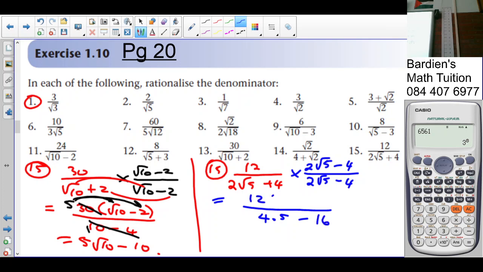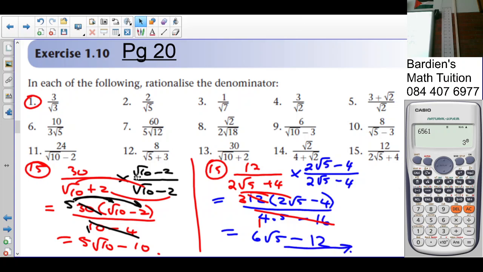So it will be 12 into 2 root 5 minus 4. What is 4 times 5? 20. 20 minus 16? 4. 4 goes into 4 once, 4 goes into 12 3 times. So we multiply this now. That will be 3 times 2 root 5, which is 6 root 5, minus 3 times 4, which is 12. All okay with that?